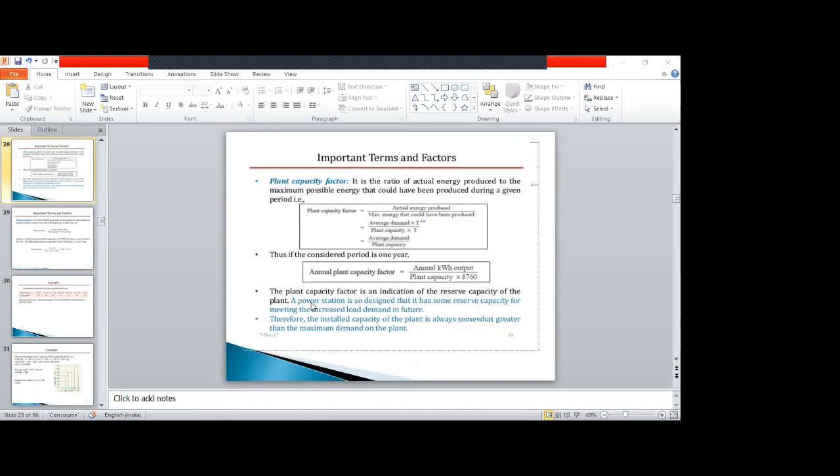When I say unit, you have to understand it is a generator. 10 generators are running, producing power depending upon the load on the system. Suddenly there is an increase in the load, so we should have a reserve capacity to meet the increased load demand. So plant capacity factor is an indication of the reserve capacity of the plant. Installed capacity of a plant is always somewhat greater than the maximum demand on the plant.